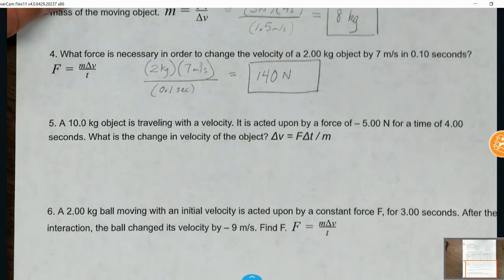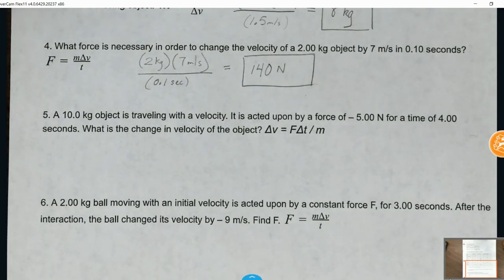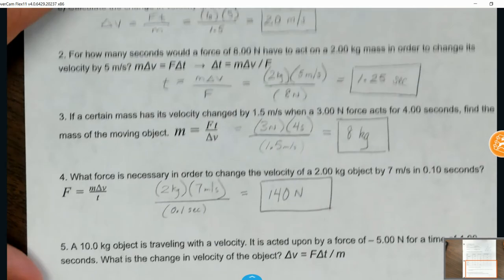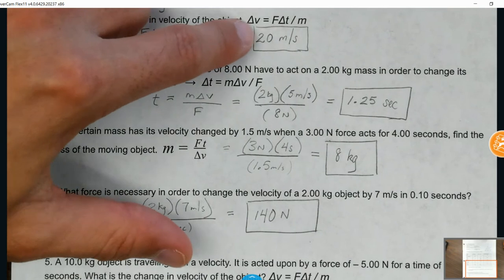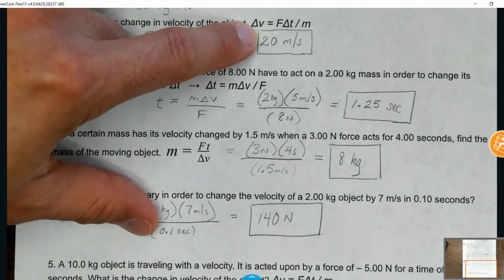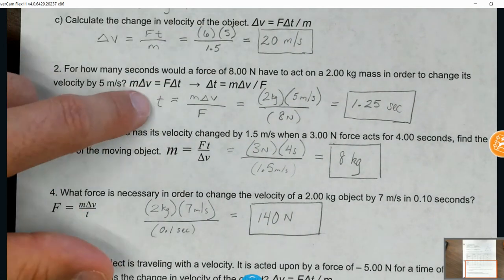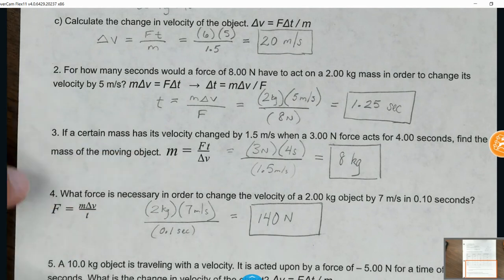Okay, so you guys should be able to complete. We did one example for finding the mass, for finding the time, for finding the change in velocity, and for finding the force.